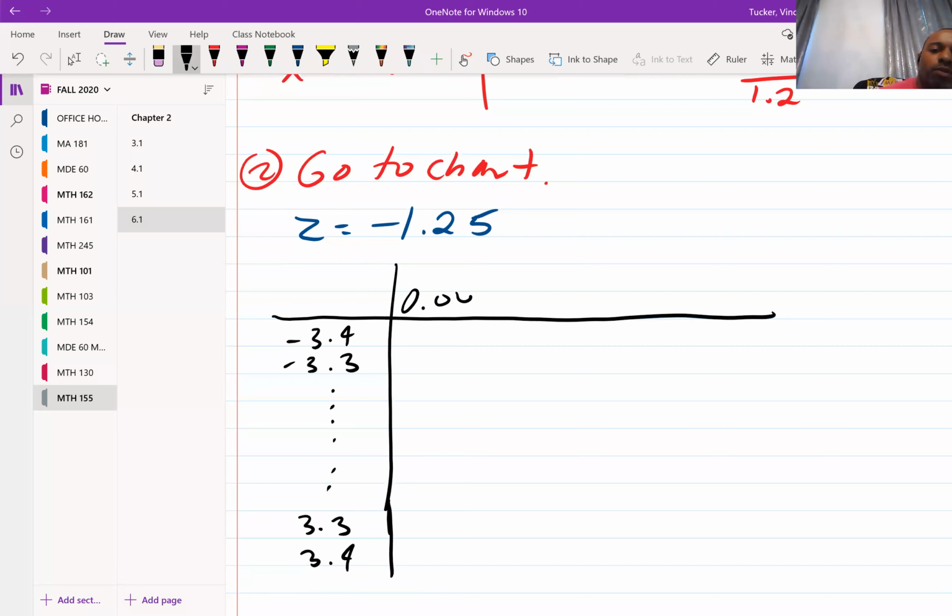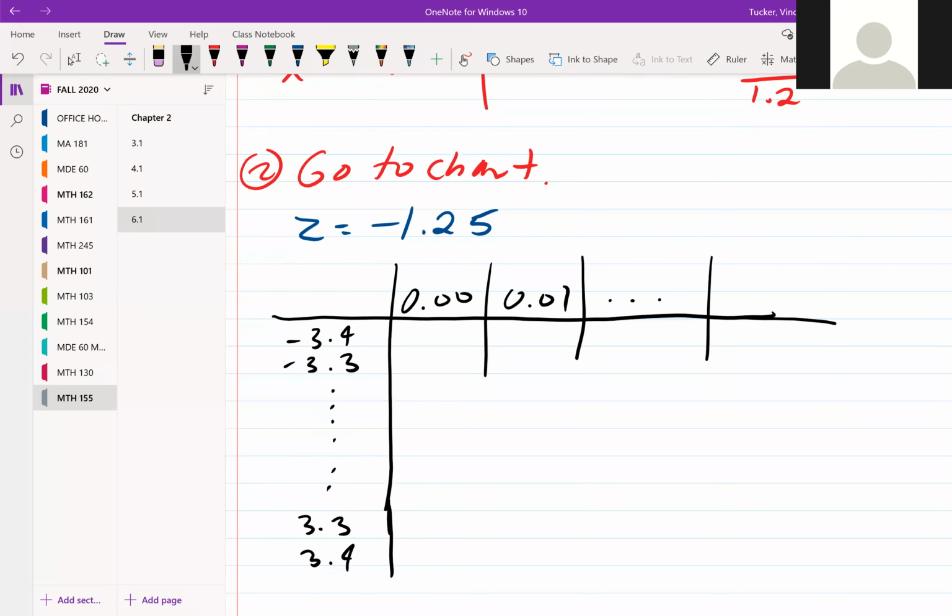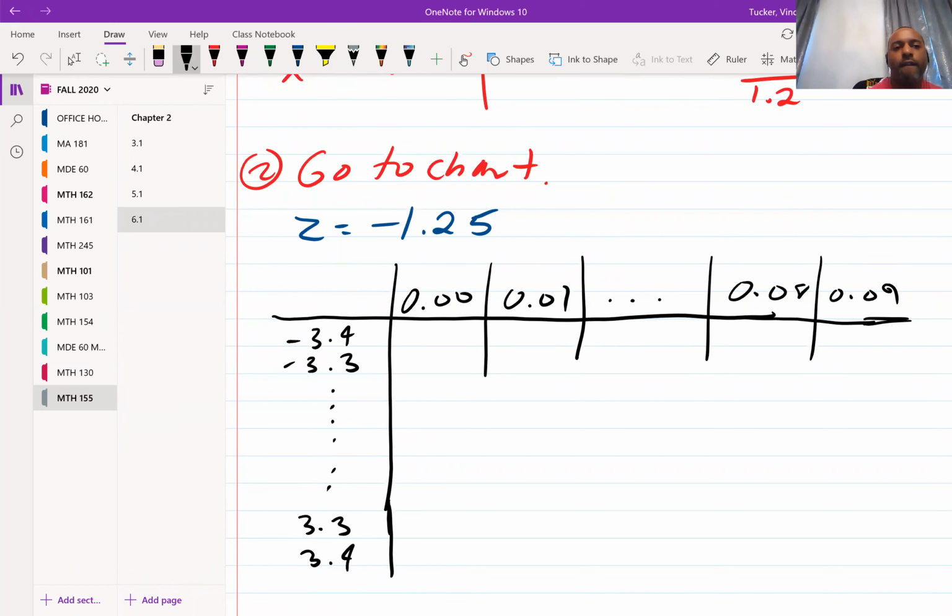Then up top is 0.00. So on the left column you have negative 3.4 all the way to positive 3.4, and on the top row, 0.00, 0.01, all the way to 0.09.